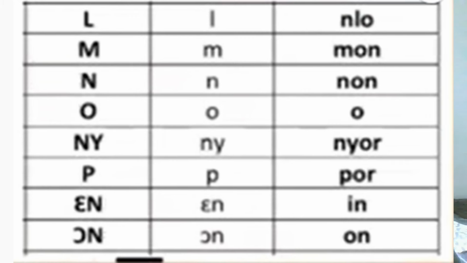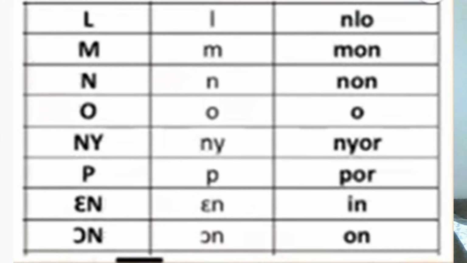Okay, so the next letter in the third batch is the letter E and N. You can see it on the screen. It's a curved E plus N together. You see?